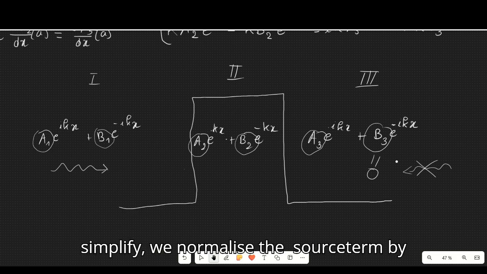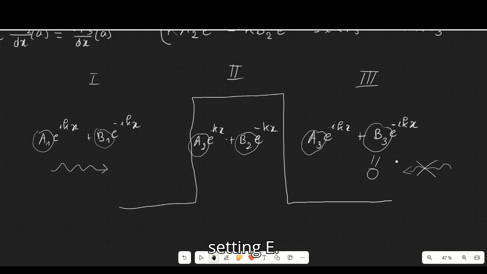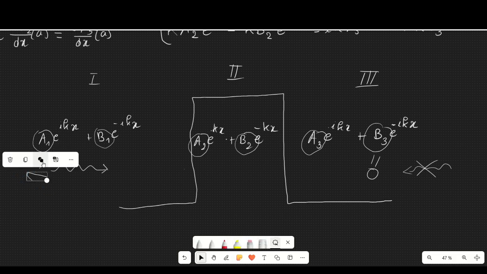To further simplify, we normalize the source term by setting a1 equal to 1.